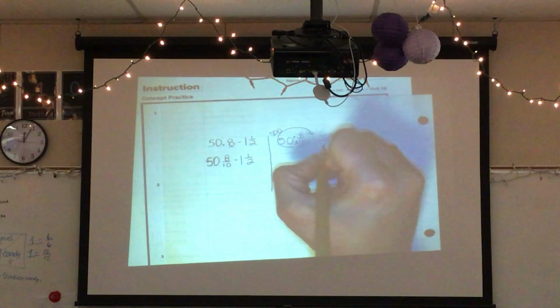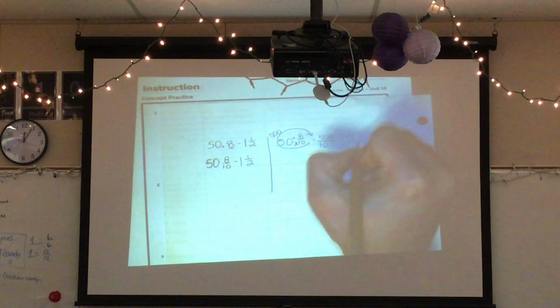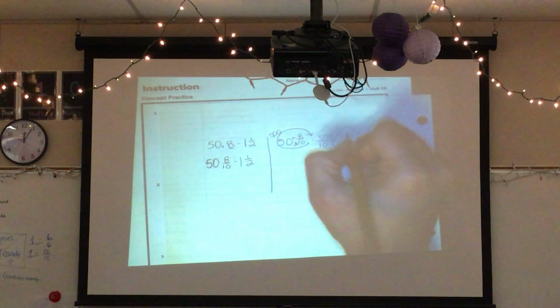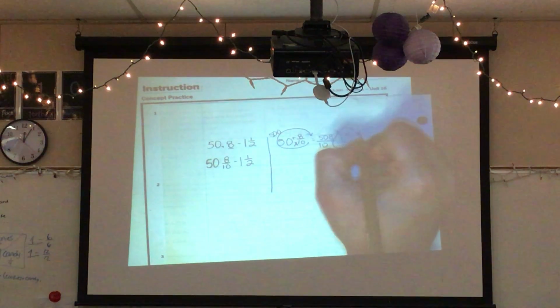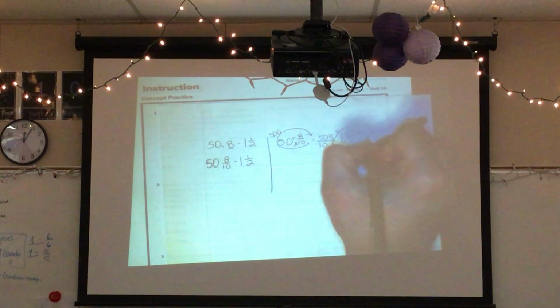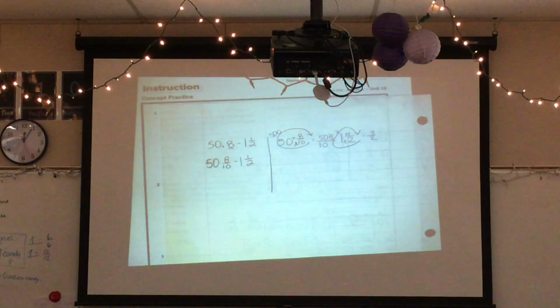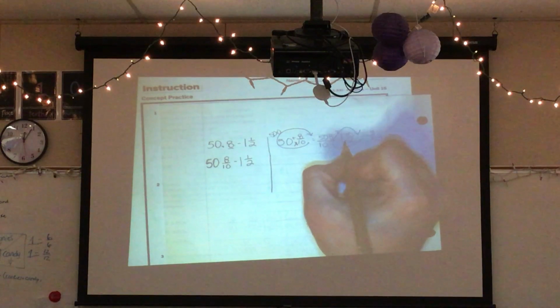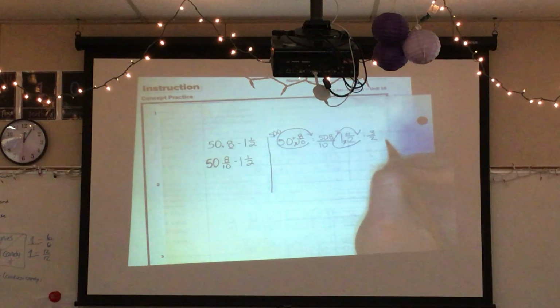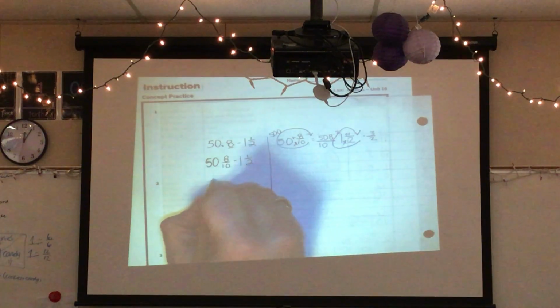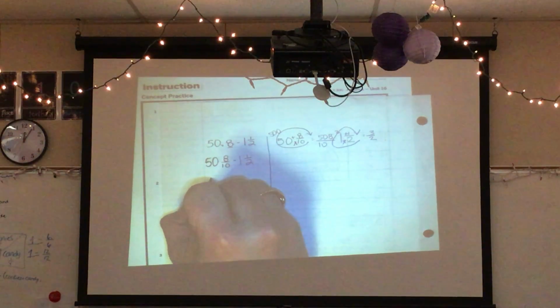The denominator would be 10. 1 times 2 is 2, plus 1 more is 3. Okay, so I'm going to write my improper fractions underneath here.